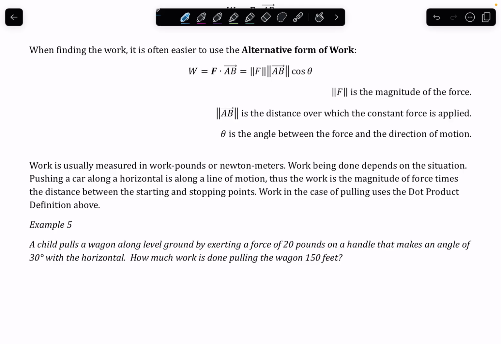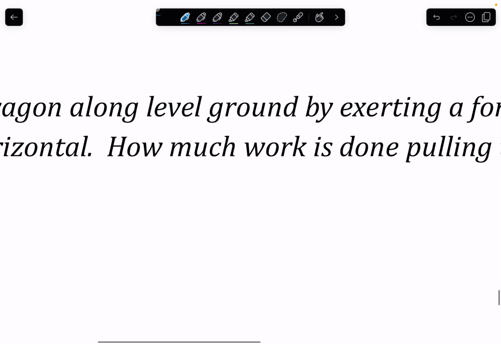All right, example 5, it says a child pulls a wagon along level ground by exerting a force of 20 pounds on a handle that makes an angle of 30 degrees with the horizontal. How much work is done pulling the wagon 150 feet? So, if we think about it, just to give you an idea of what's happening, here is the horizontal.